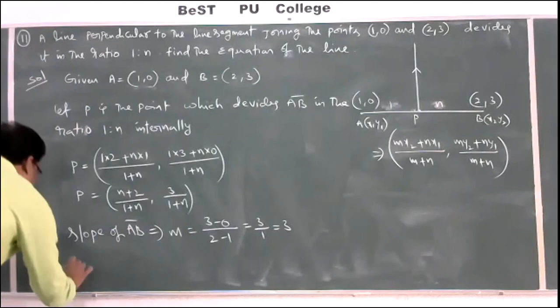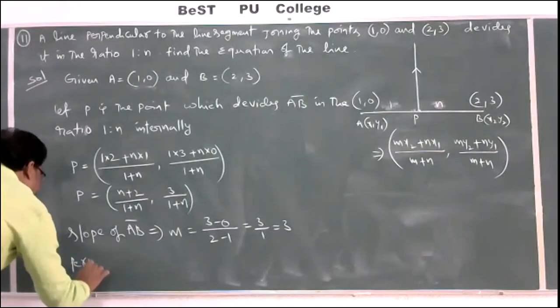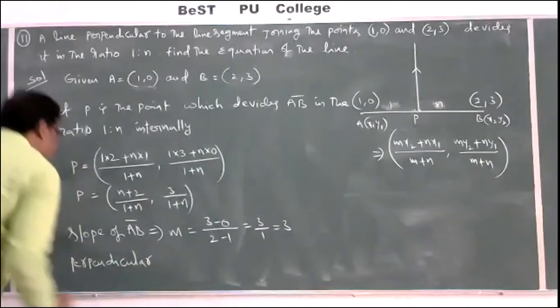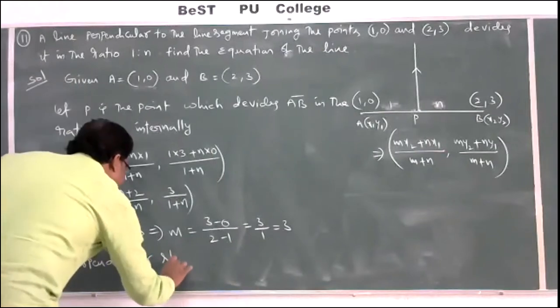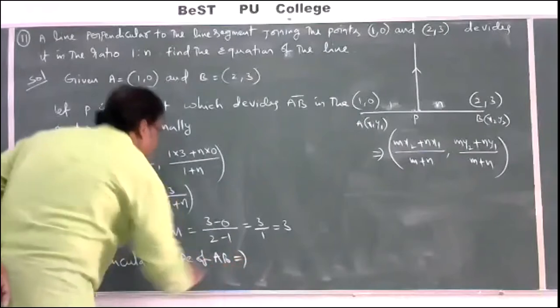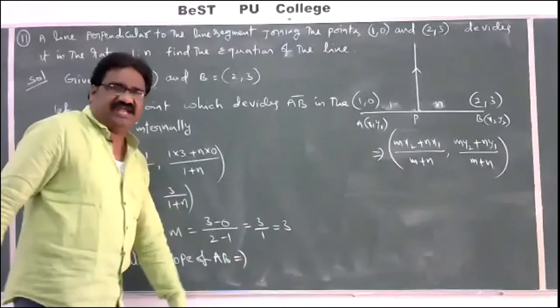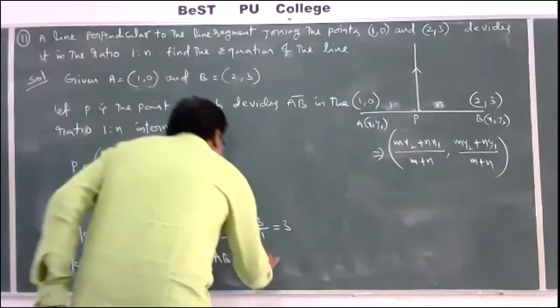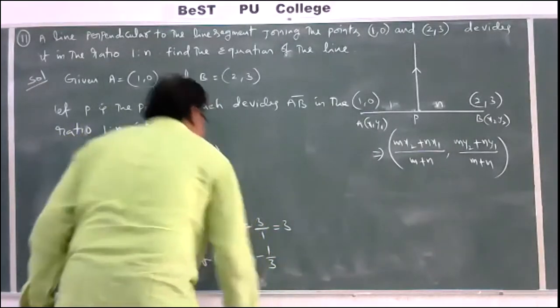Next, the perpendicular slope of AB is the reciprocal of 3, that is 1 by 3. Here plus is there, that's why you put minus. That is minus 1 by 3.